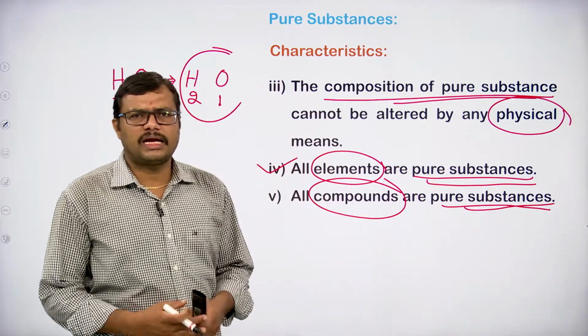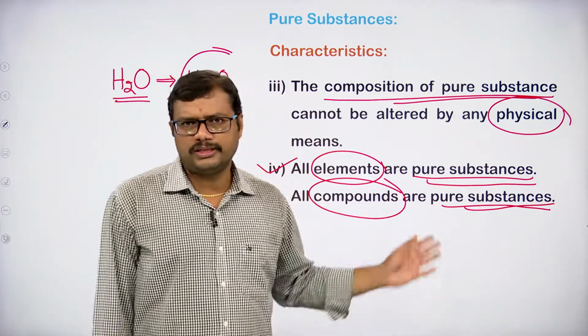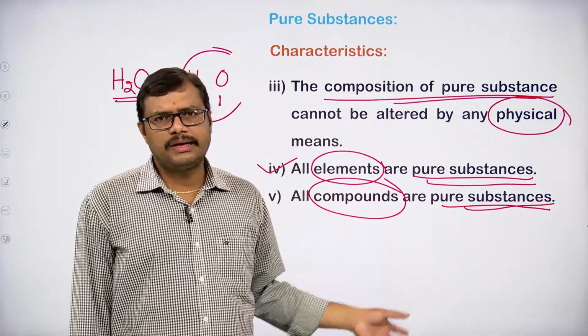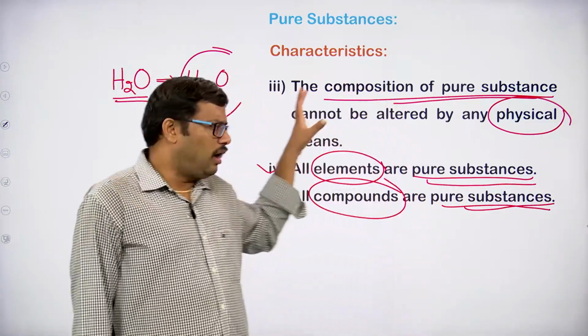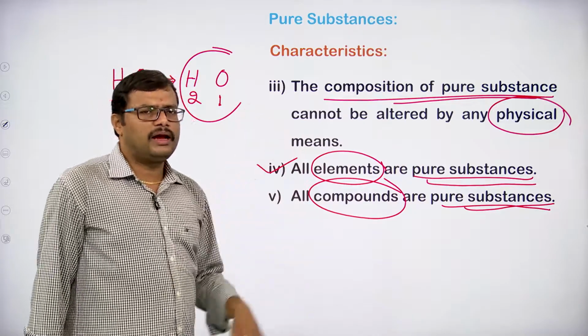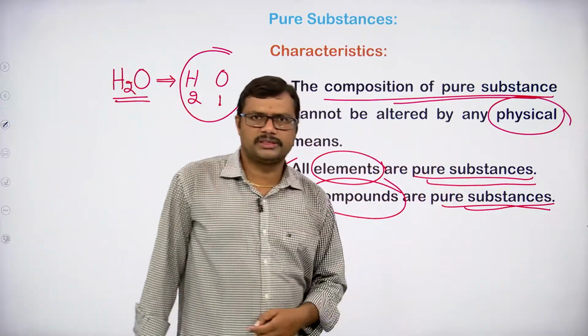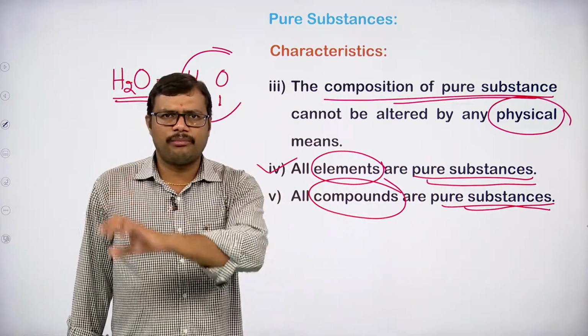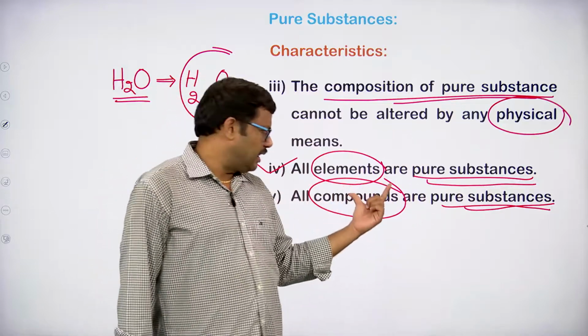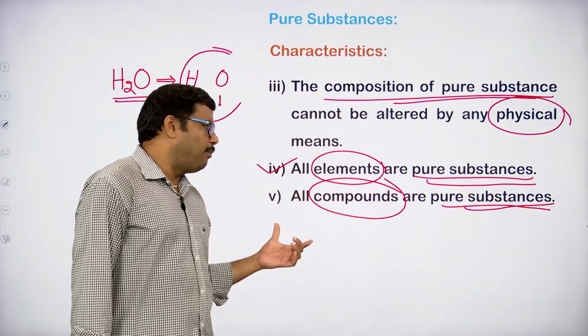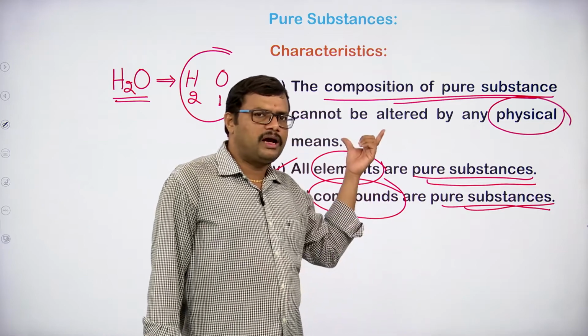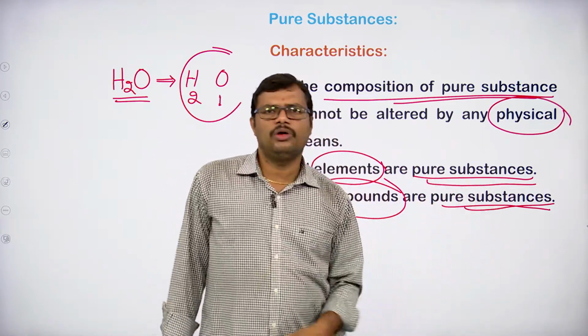In the pure substance category, we have discussed that pure substances are again of 2 types, elements and compounds. So all the elements present in the periodic table are pure substances. Whenever elements combine together, we get compounds. So all the compounds obtained by the combination of elements are also pure substances.